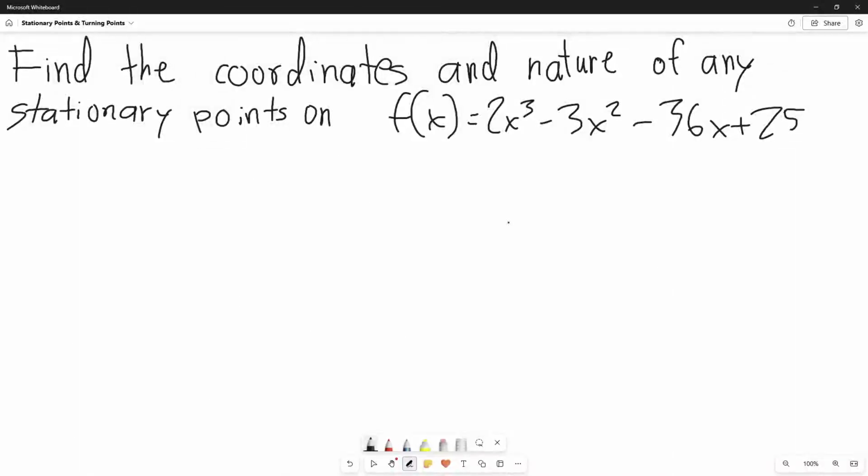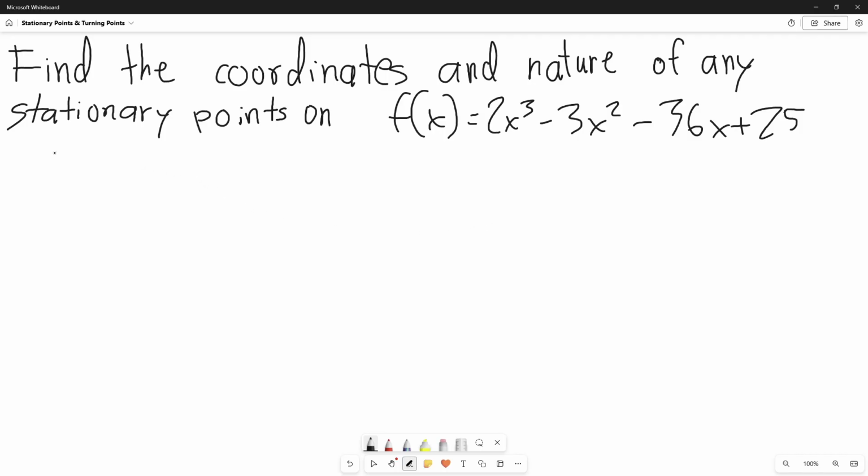Now let's do a practice problem, and if you think you know how to do this one, pause the video and try it. This one says find the coordinates and nature of any stationary points on f of x equals 2x cubed minus 3x squared minus 36x plus 25.